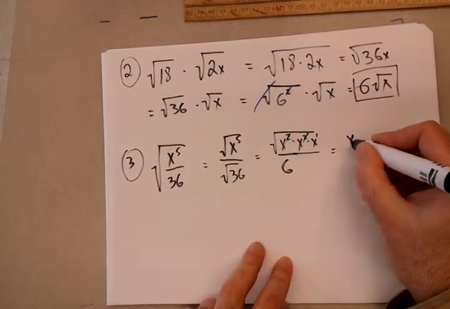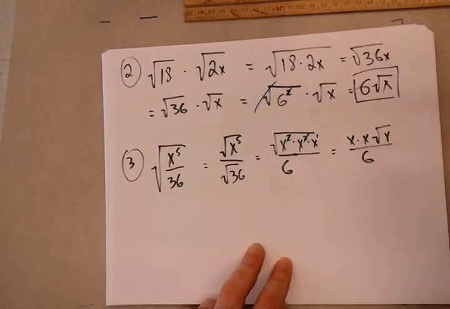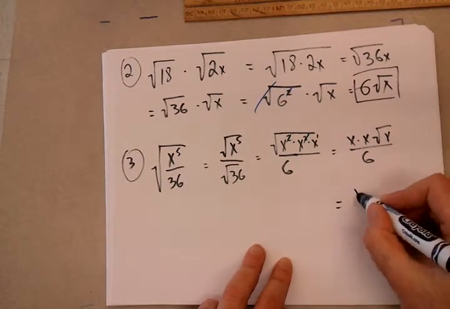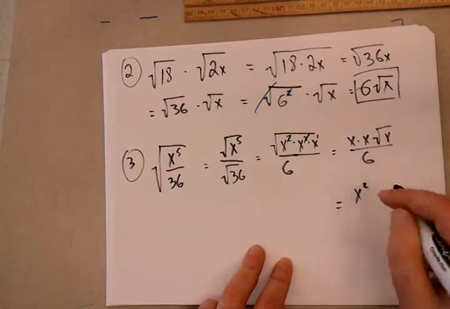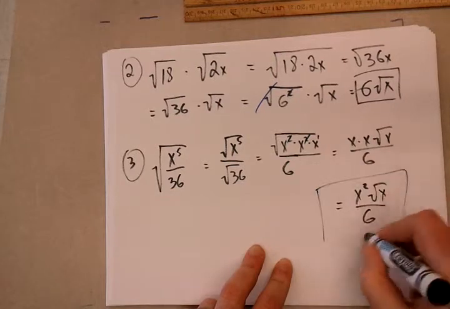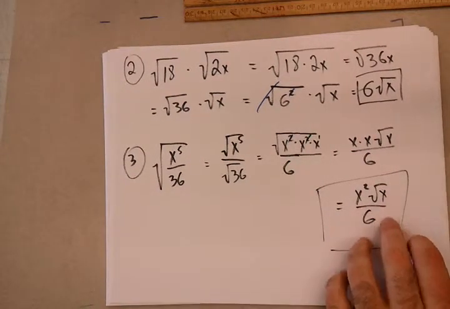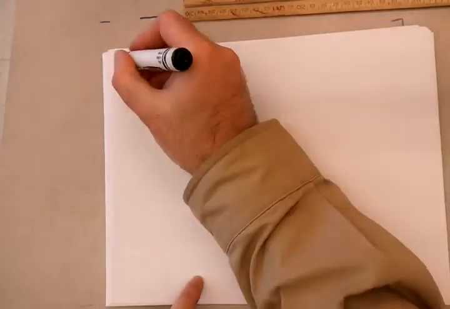So you're going to be left with x times root x all over 6. If you are to simplify this further, x squared, x times x, root x all over 6. And that is your answer. So that was number 3. Let's go ahead and move on into number 4.